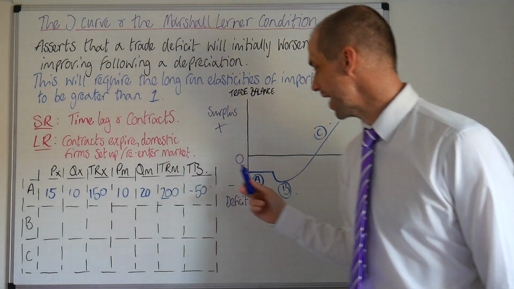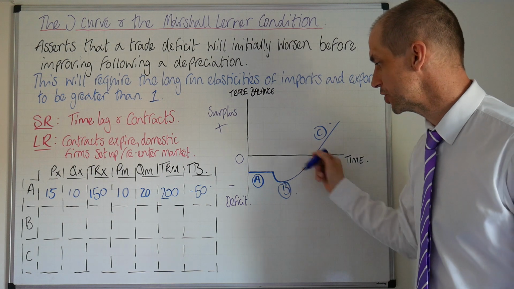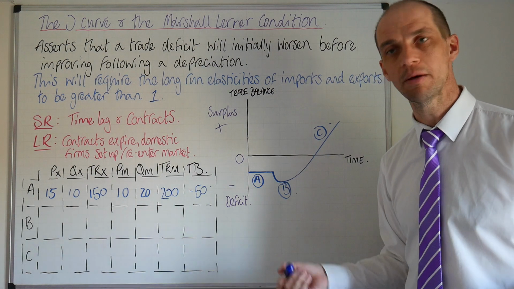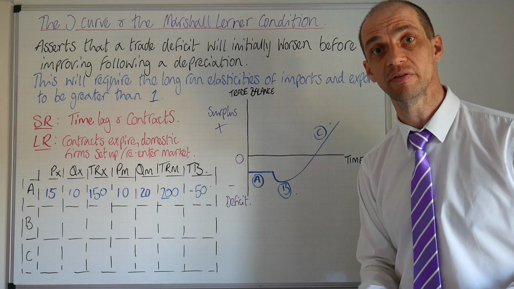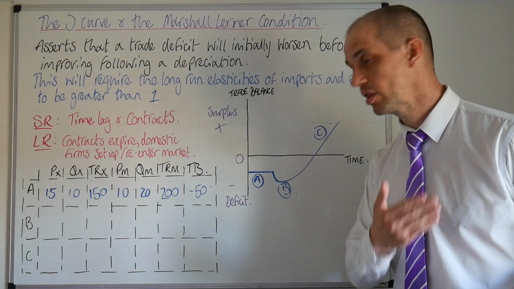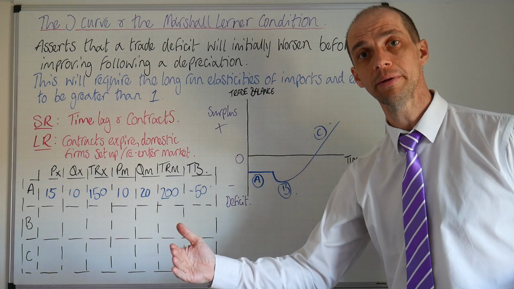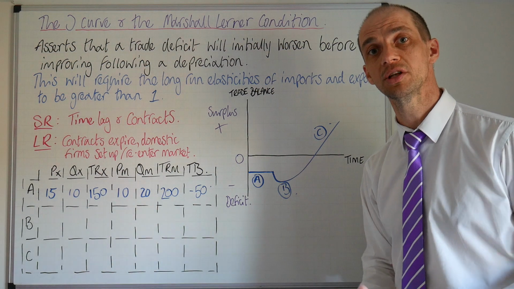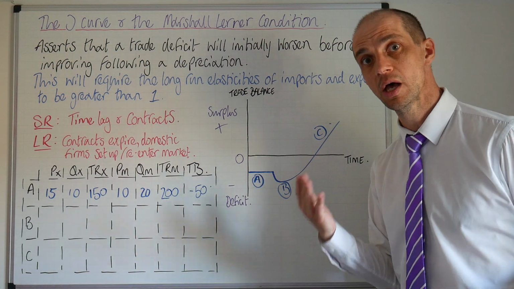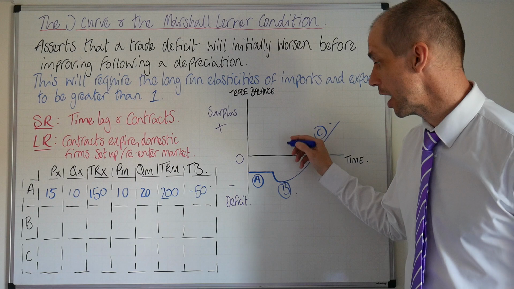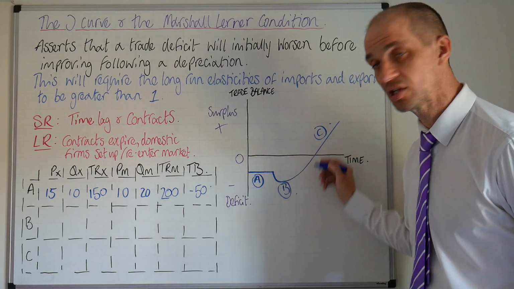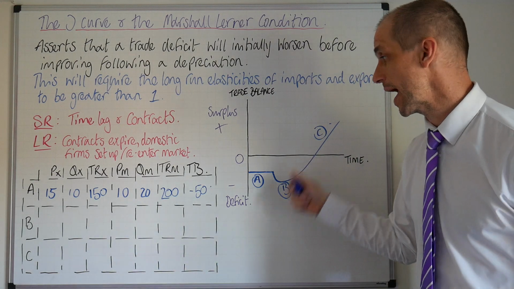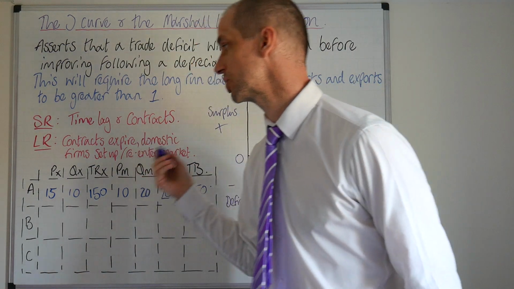So as we undertake a depreciation, how would this be attained? Well, it could be via quantitative easing. It could increase the money supply. By increasing the money supply, of course, it weakens the strength of the pound, and so the currency would then depreciate. What would happen in such a scenario?